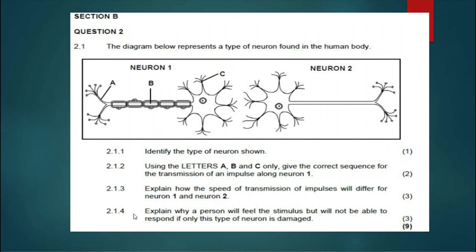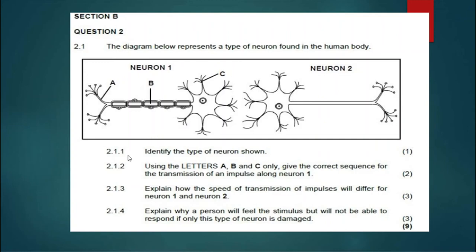Explain why a person will feel the stimulus but will not be able to respond if only this type of neuron is damaged. The person will feel the sensation, right, because the sensory neuron is working, but will not be able to respond because if the motor neuron is damaged, the impulses will not reach the effector, hence the person cannot respond.